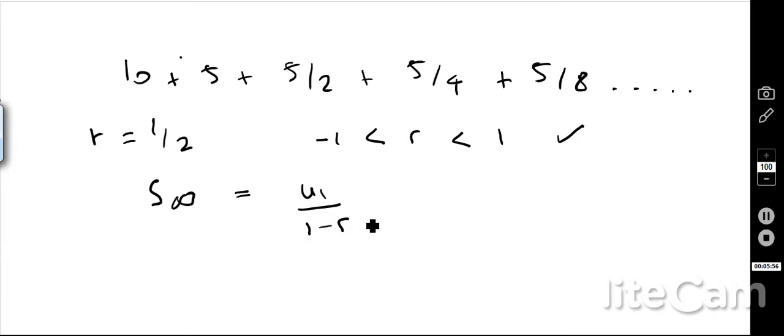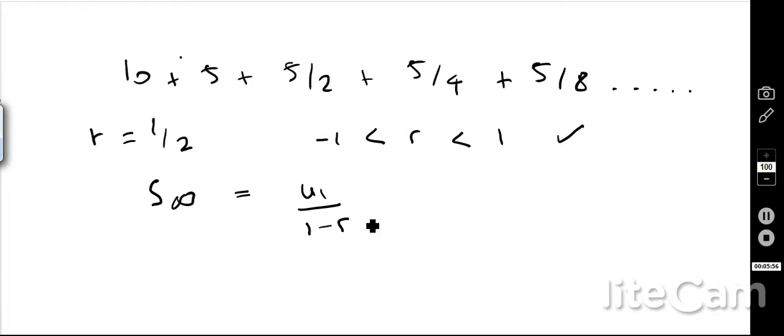What this means is that if I add all these terms all the way up to infinity, I'm going to get a specific number. This series will converge to a particular number, and let's find out what that number is.